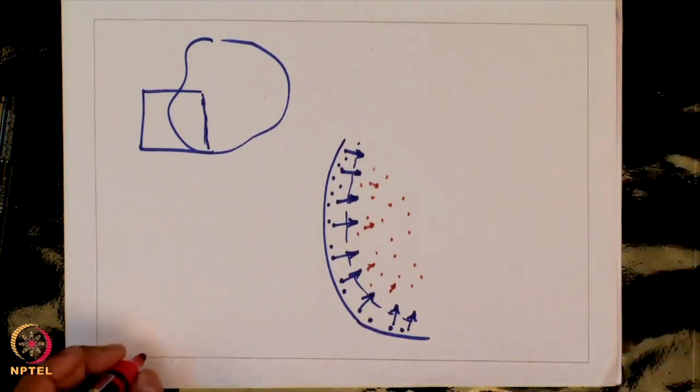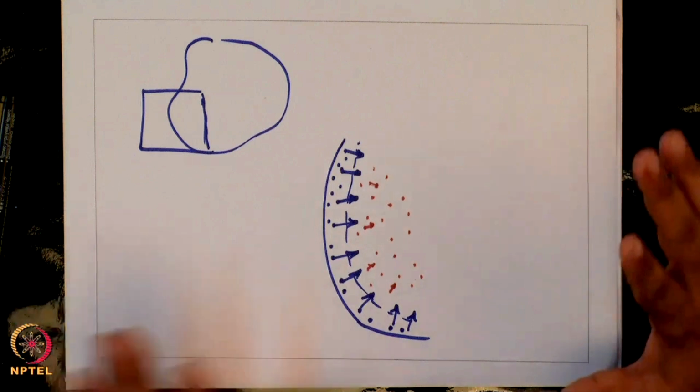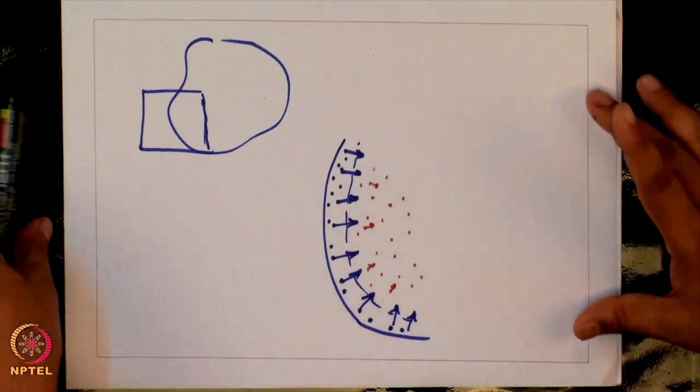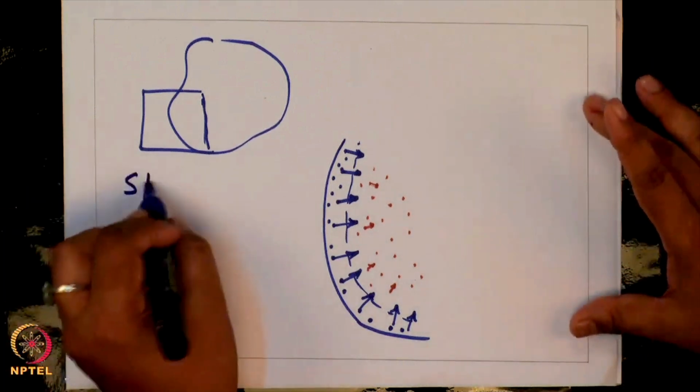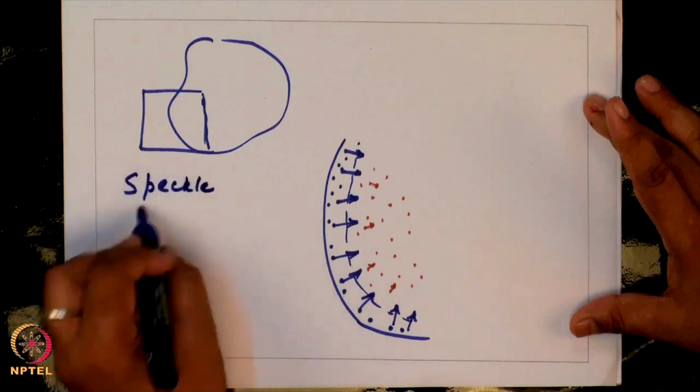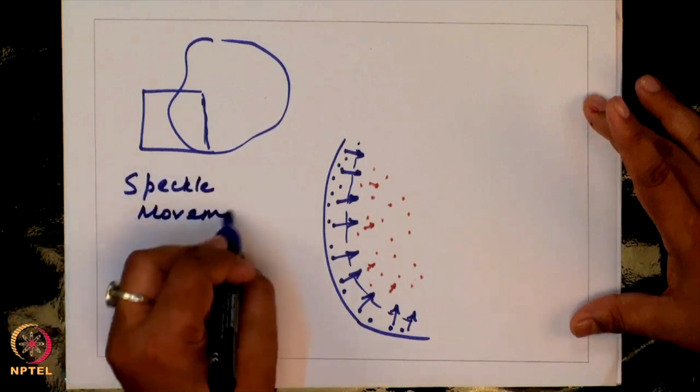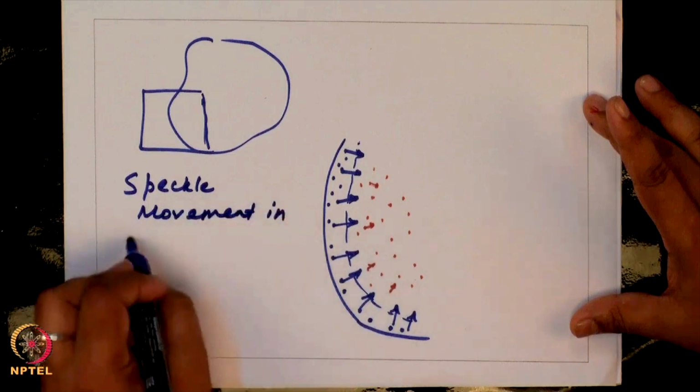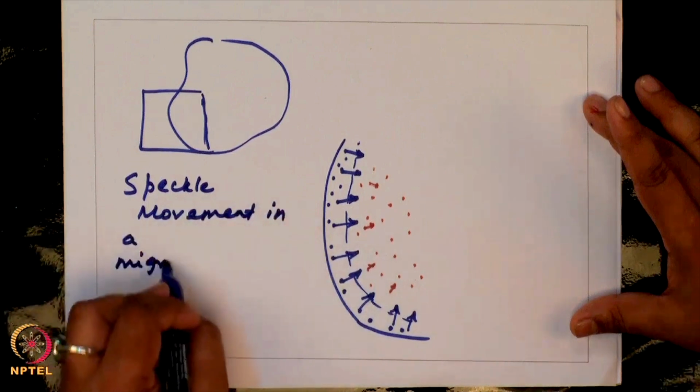Okay. So, what I have drawn here is the distribution of speckle movement. What you are looking at is speckle movement in a migrating cell.